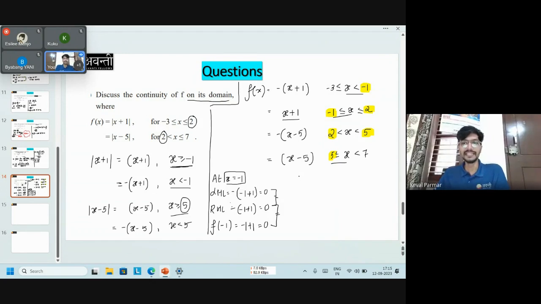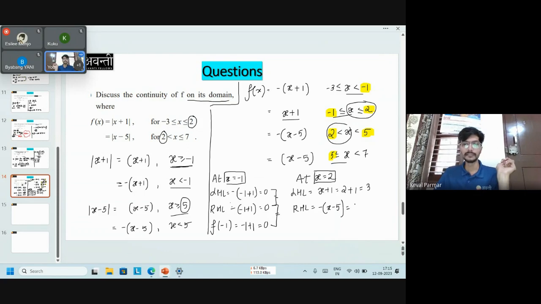Now, similarly, we can check at 2. So, at x equals 2, just put the value x equal to 2 in all of them. So, LHL, which definition will I use? Left hand limit means this definition. X plus 1 means 2 plus 1, which is 3. RHL means this definition, minus of x minus 5, which is minus of 2 minus 5.